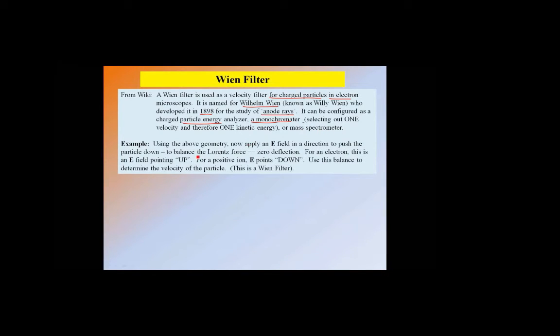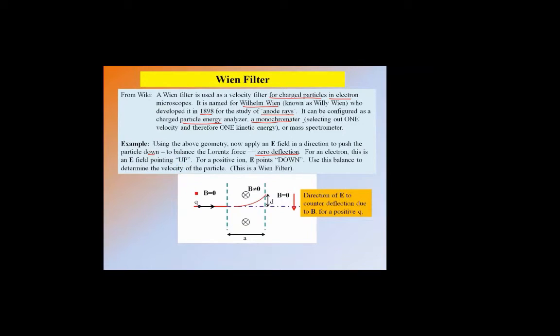So here's an example. We're going to use the above geometry that I showed you. We're going to apply an electric field in a direction to push the particle down so that the total deflection is 0. So we're going to balance the Lorentz force, which will give us 0 deflection. So for an electron, this would be an E field pointing up. So if you look here, we have the picture. This is the case where we had only a magnetic field. We get this deflection here.